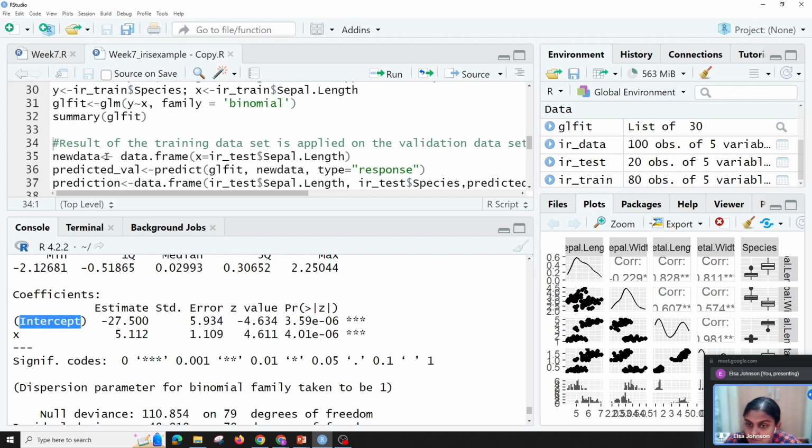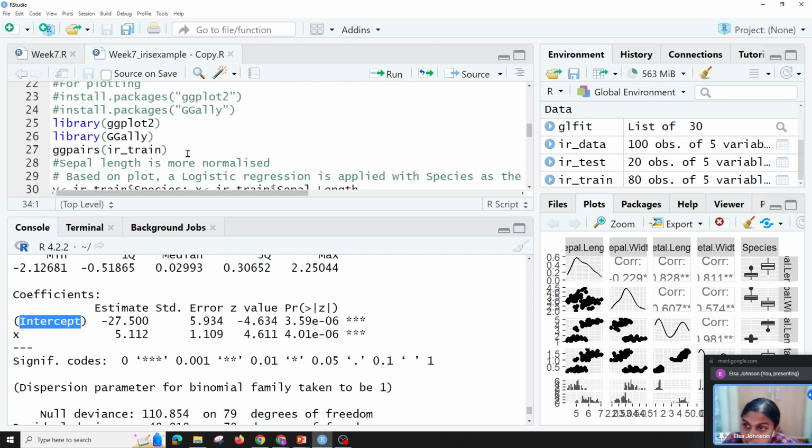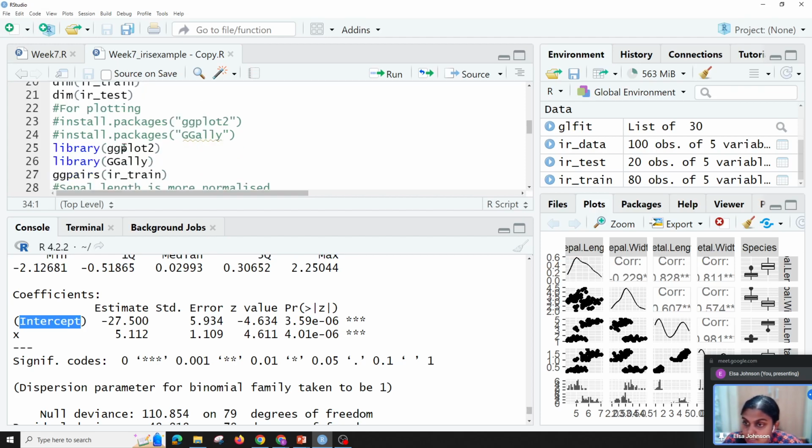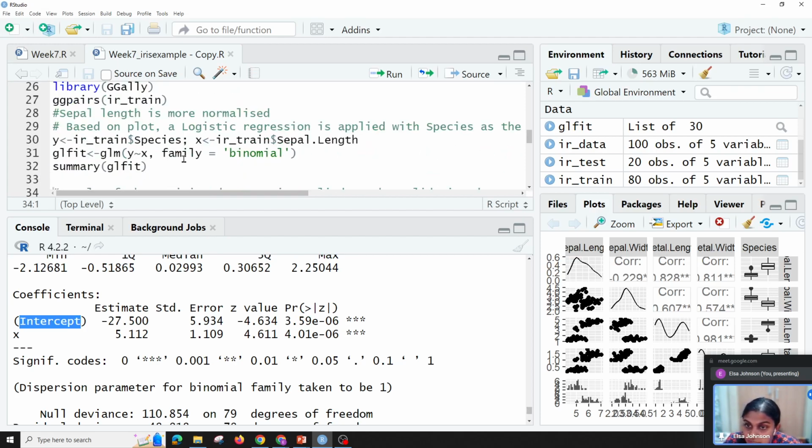Now you have to predict and see whether it is correct or not. So we'll be using the predict function here to see whether the model you have built is a good model or not. I have already split the data as IR train and IR test, and in IR train we have trained this model.